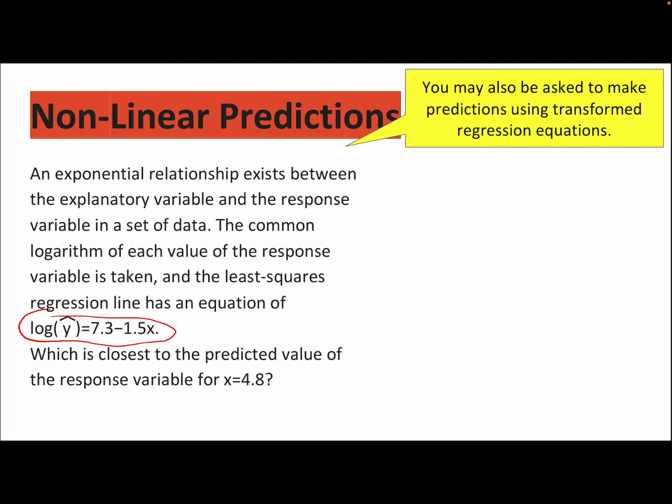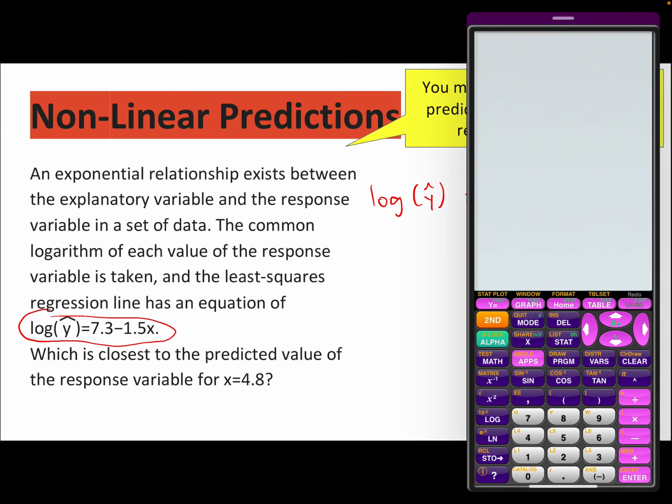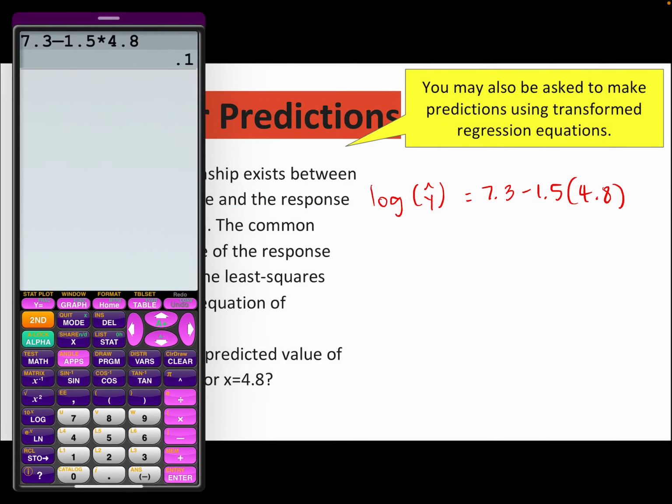So obviously I could plug in 4.8 for x, and I could solve that. So 7.3 minus 1.5 times 4.8, and I would get 0.1.